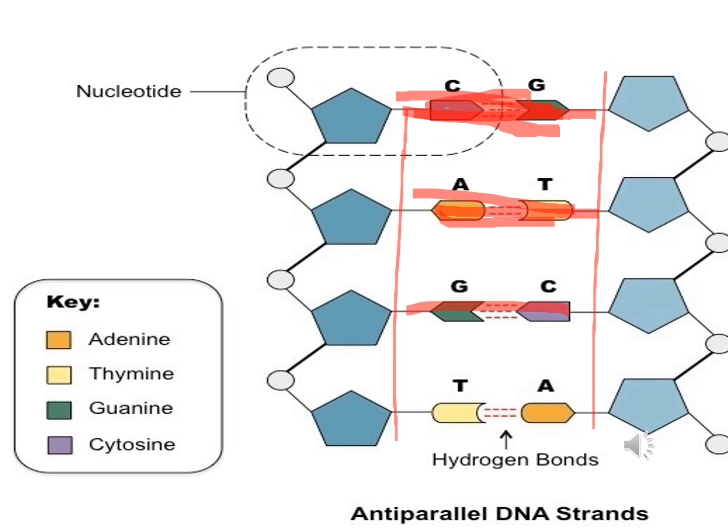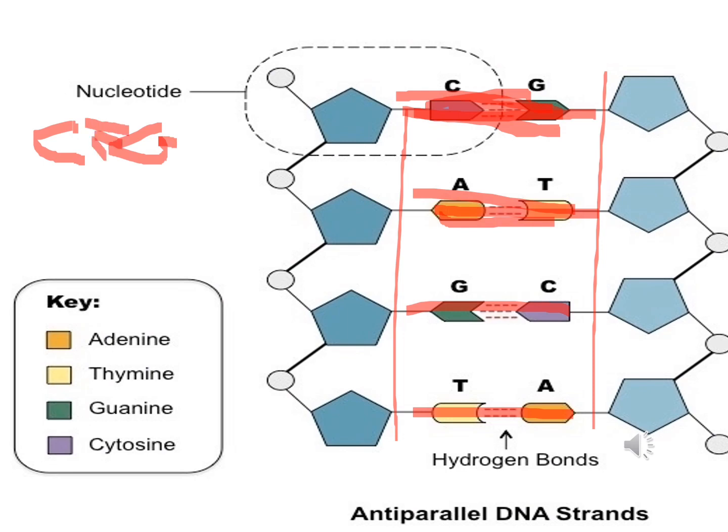To be more specific, we have something called the base pairing, where the bases have a specific pair. So the C has to pair always with G, and of course G with C. Between them we have 3 hydrogen bonds.